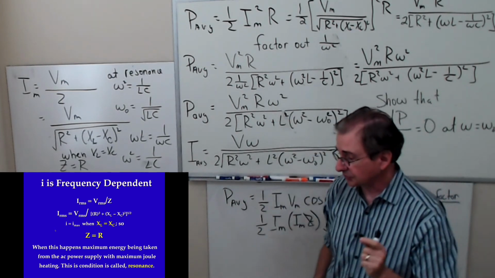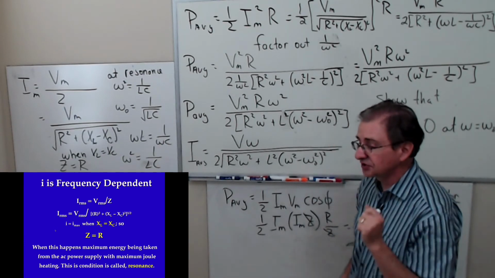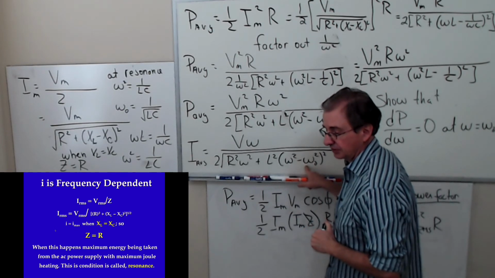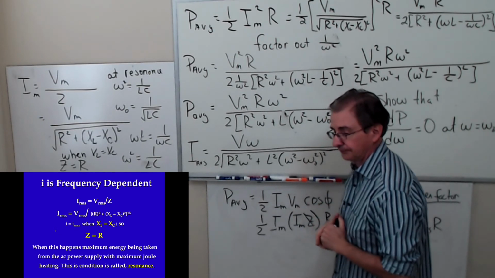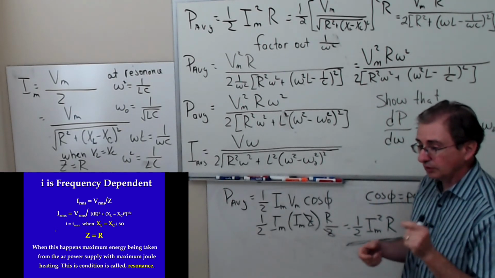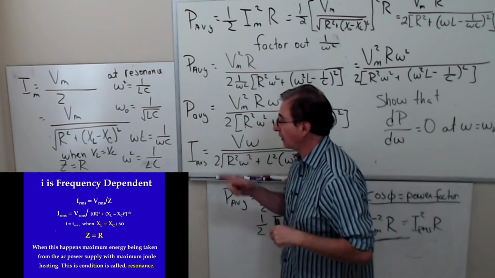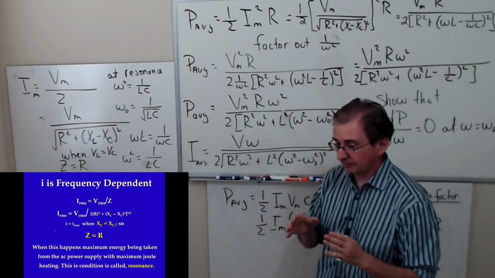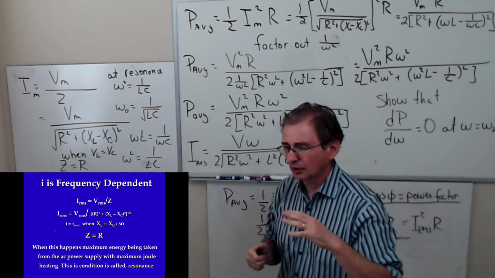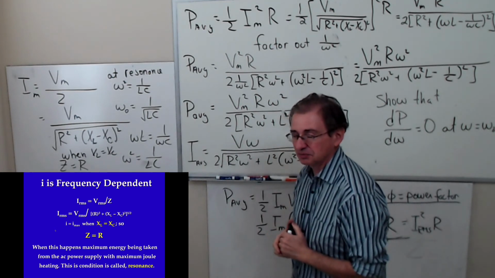The voltage across the inductor and the voltage across the capacitor is not maximized at this frequency. Okay, it's only the voltage across the resistor that's maximized at that frequency. Now, granted, if R is small, the voltage across the capacitor will be almost maximized at that frequency. Okay, if R is small.